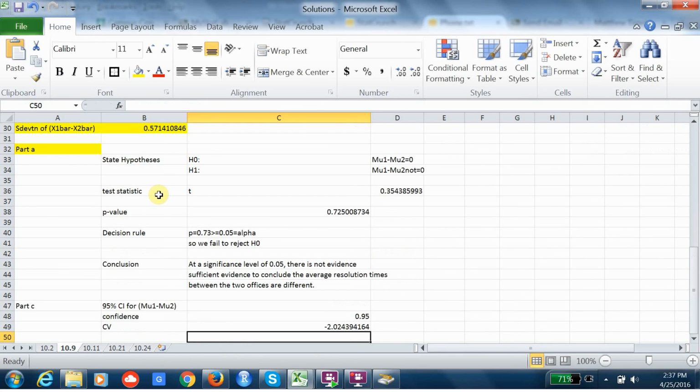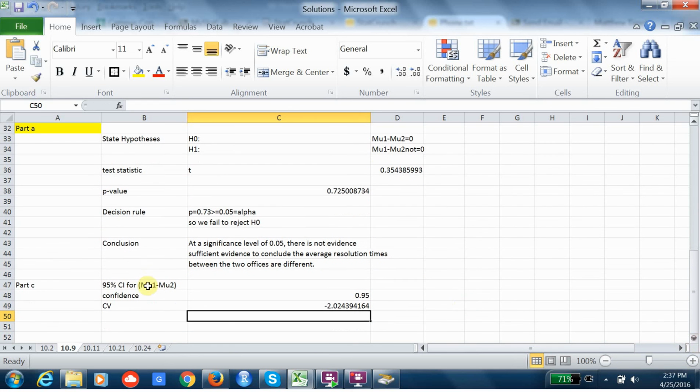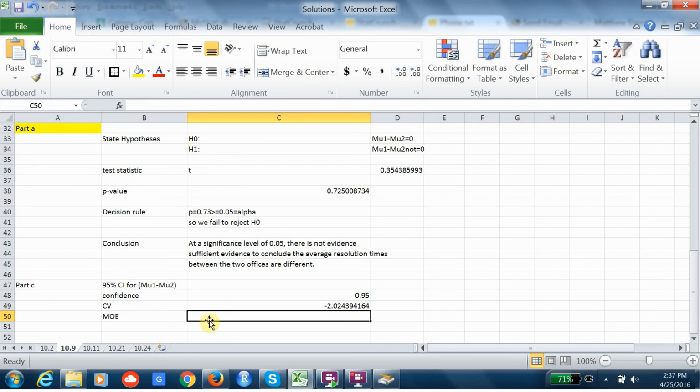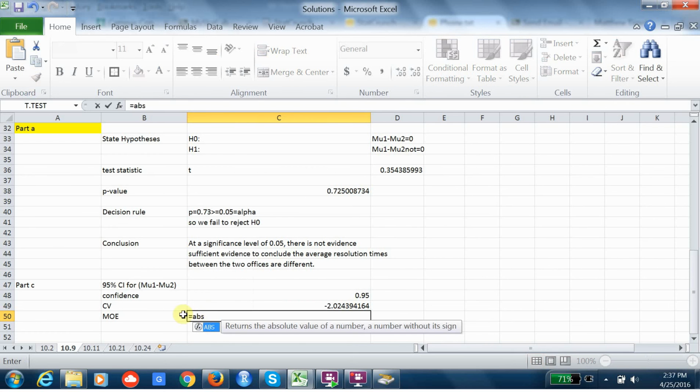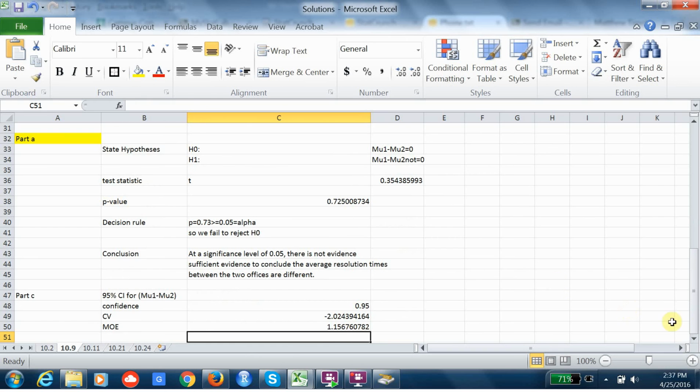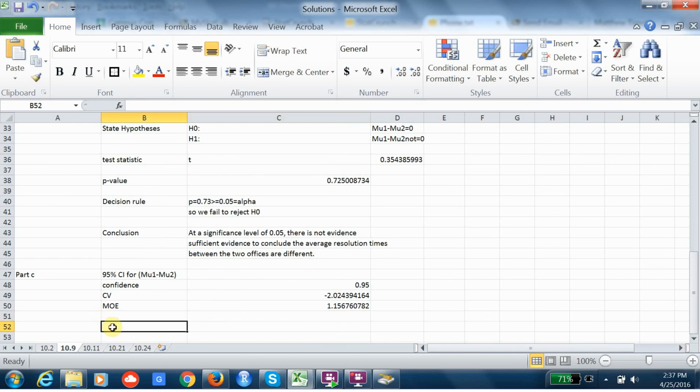And it's going to be a negative number, but when I do the margin of error, I'll take care of that. So remember that the margin of error is equal to the critical value times the standard deviation of x1 bar minus x2 bar. And I already computed the standard deviation of x1 bar minus x2 bar way up here just for that reason. And that's my margin of error. And now I'm ready to get the lower and upper endpoints. So the lower endpoint is going to be x1 bar minus x2 bar minus the margin of error.